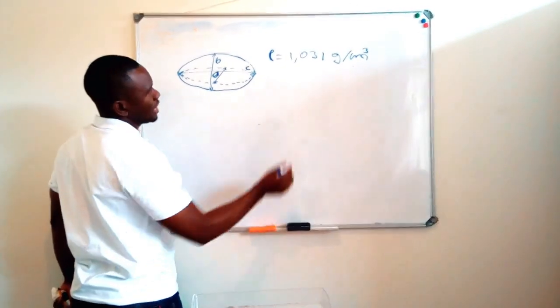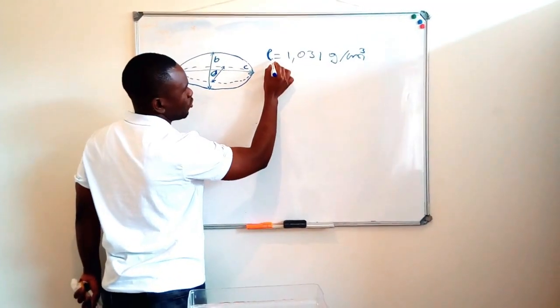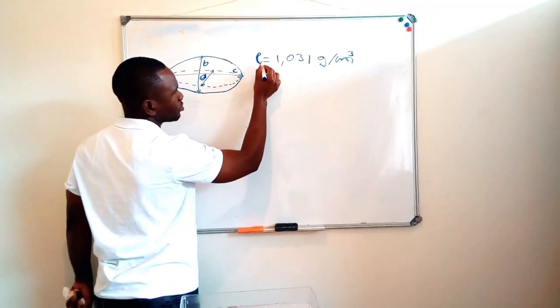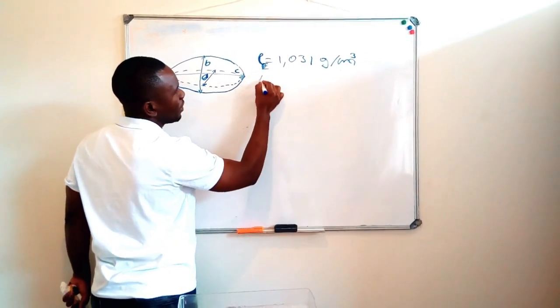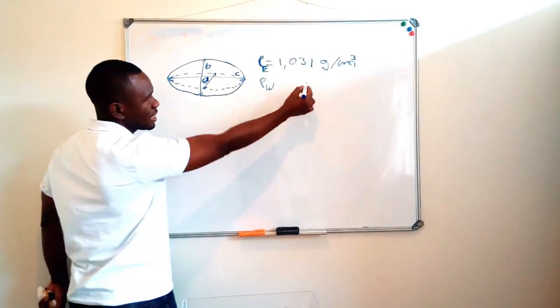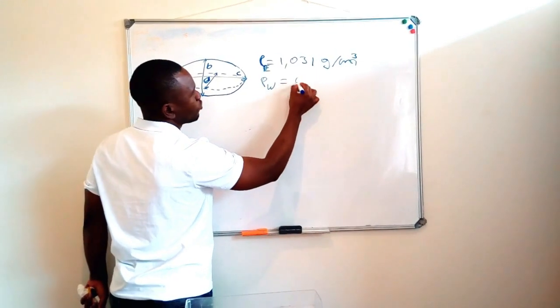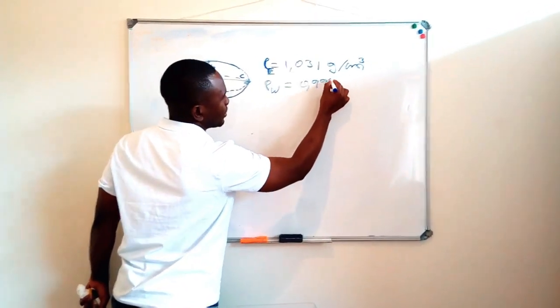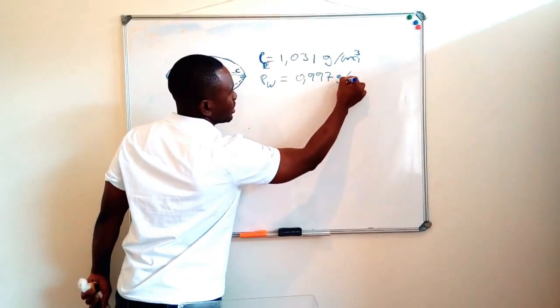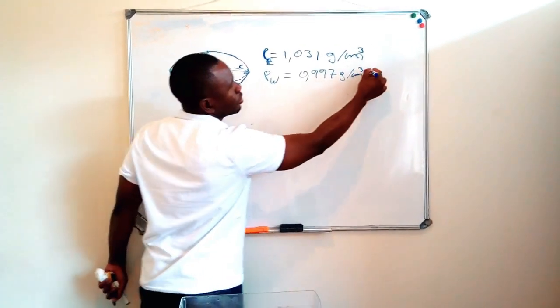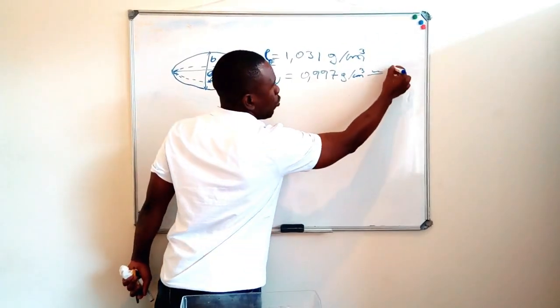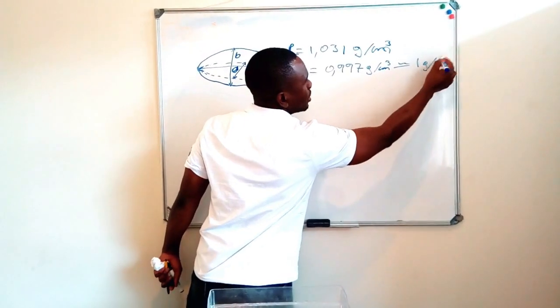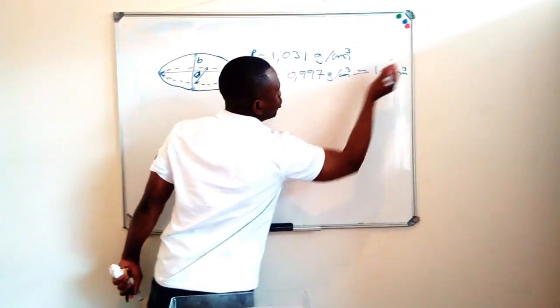And this water here has a density of 0.997 gram per centimeter cube, or I can just say 1 gram per centimeter cube.